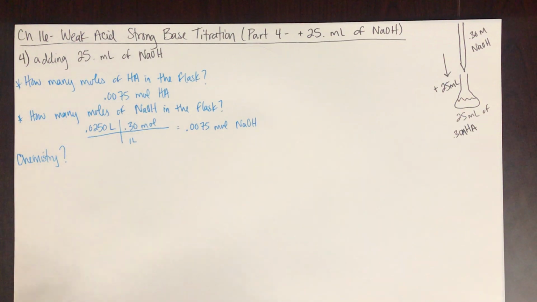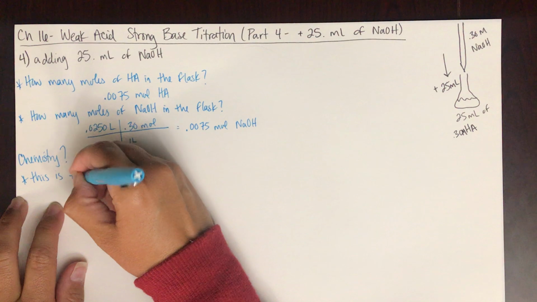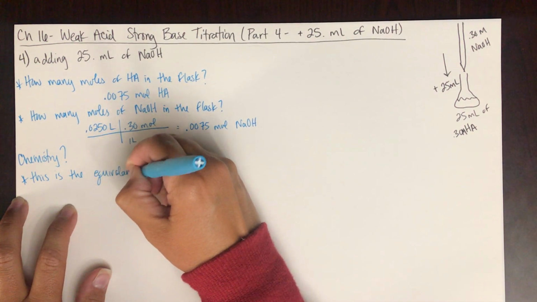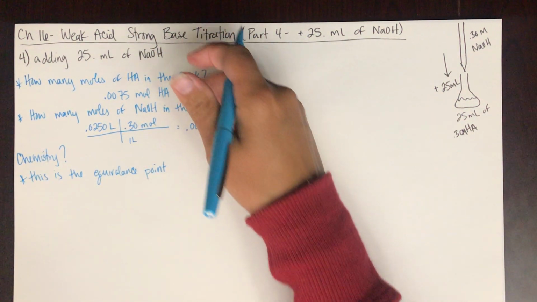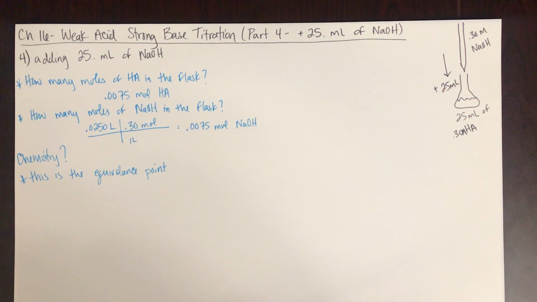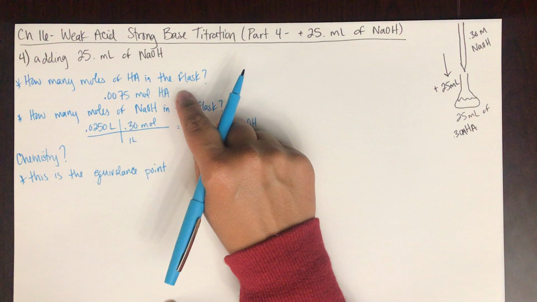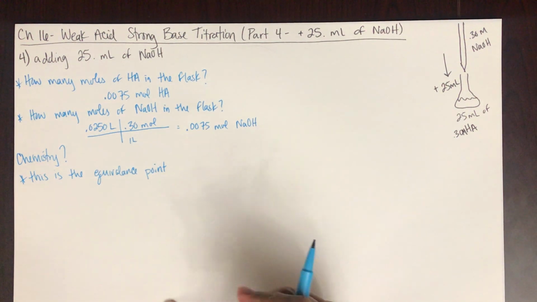This is the equivalence point. This is the point where I have equimolar amounts of acid and base. The 0.0075 moles of sodium hydroxide will completely neutralize the weak acid. It will also produce 0.0075 moles of the conjugate base.